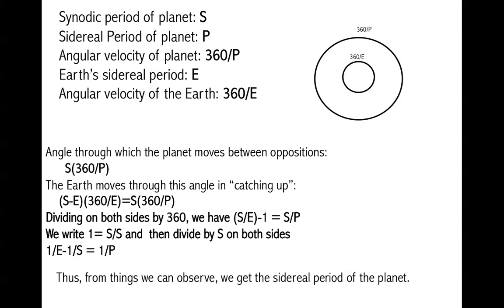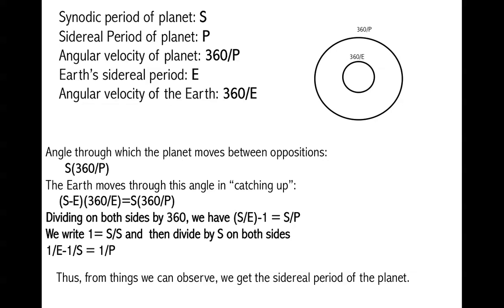The angular velocity, that is the number of degrees along its orbit that it moves per day, is 360, the number of degrees in a circle, divided by P, the period in days. The Earth's sidereal period, of course, is 1 year, and the angular velocity of the Earth is 360 over E, which is about a degree a day.